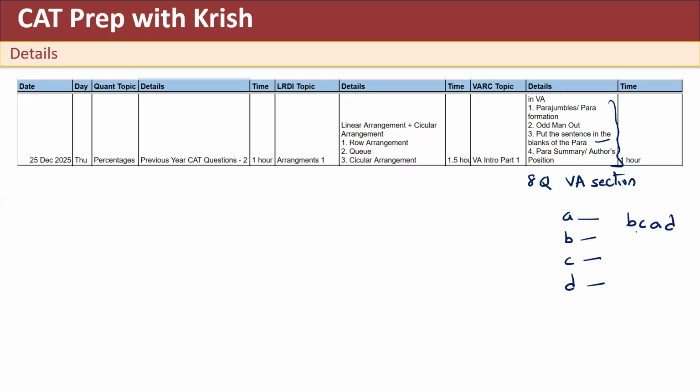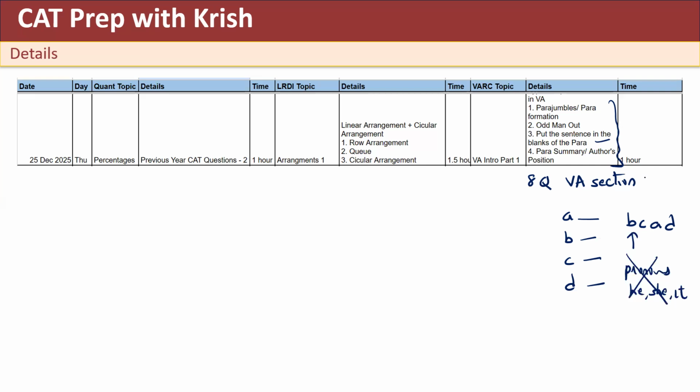So one technique or strategy to form this order is that generally the first line will not have any pronouns. Pronouns in the sense he, she, or it. If the line is starting with these pronouns, then it's not the first sentence.